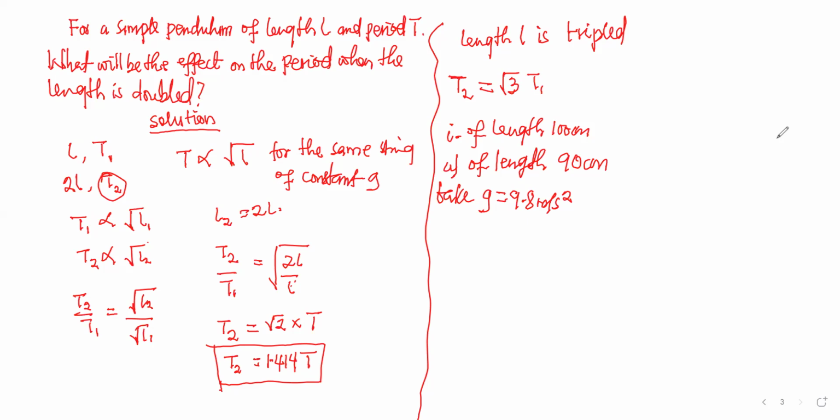Take G to be equal to 9.8 meter per second squared. Thank you. Welcome.